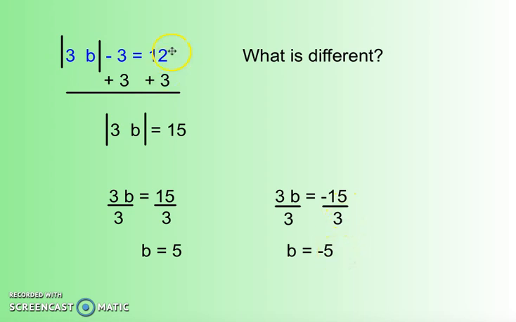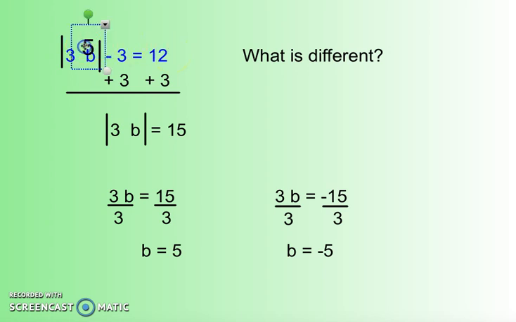And we could check these answers. If I put in 5 for b, we have 3 times 5 is 15. Absolute value of 15 is still 15, minus 3 is 12. So that works.